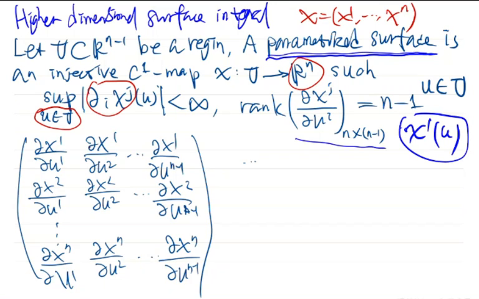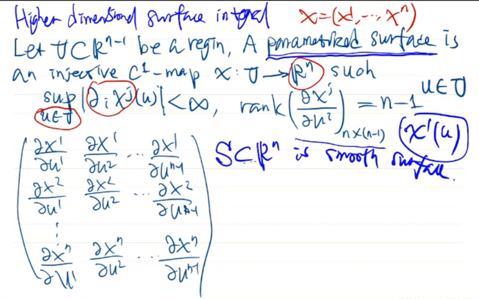Okay. Now, a subset of Rn is called a smooth surface if it is the image of some parametric surface.